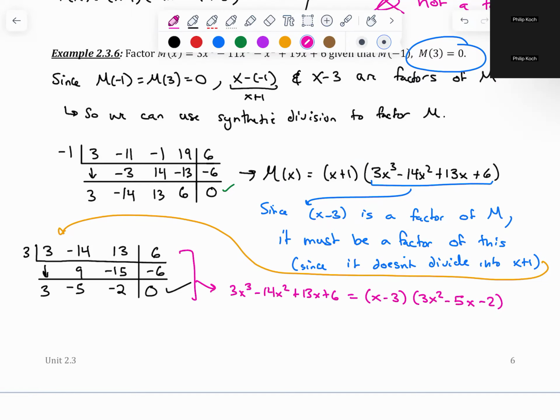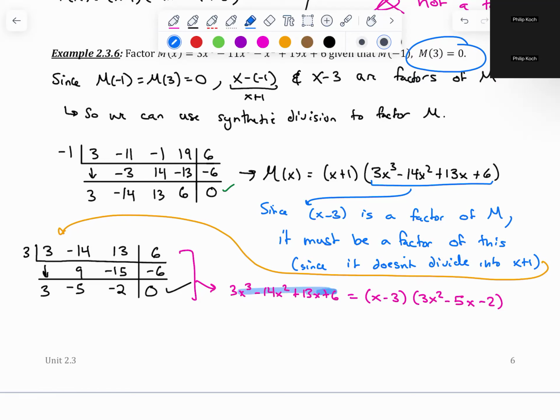What that synthetic division has told us is that if you divide that quotient factor we got originally by x minus 3, it will break down nicely into x minus 3 times 3x squared minus 5x minus 2.